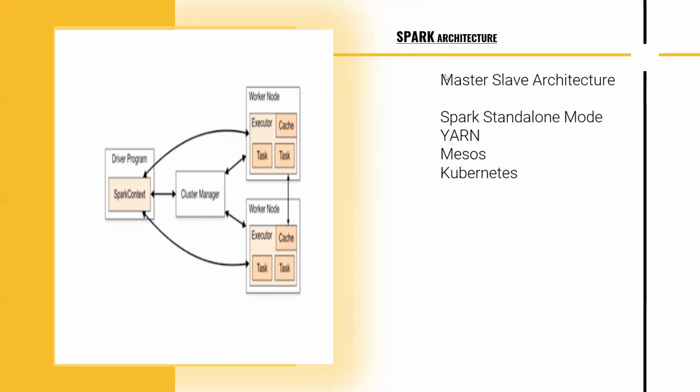So let's understand how Spark works. Whenever you create any Spark program, the driver program is created. Whatever you write in Spark, maybe in Java, Python, Scala, or R, contains the driver program, which contains the main method, and this main method opens the Spark context.